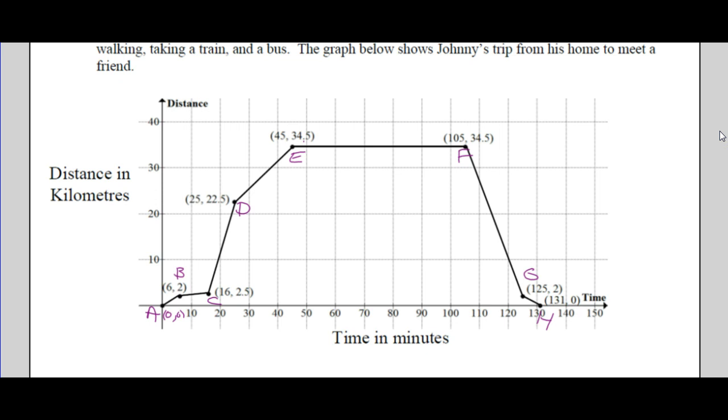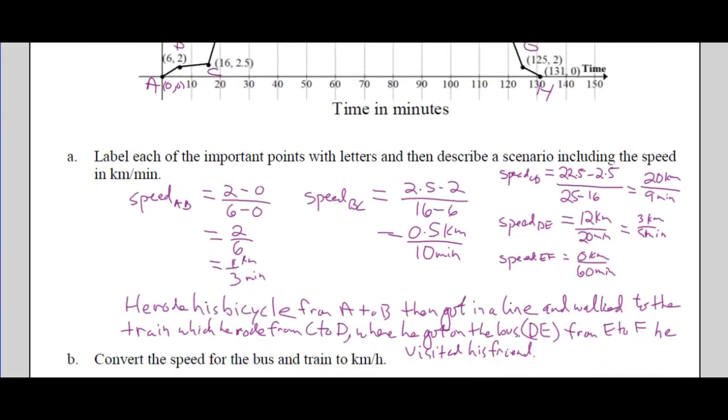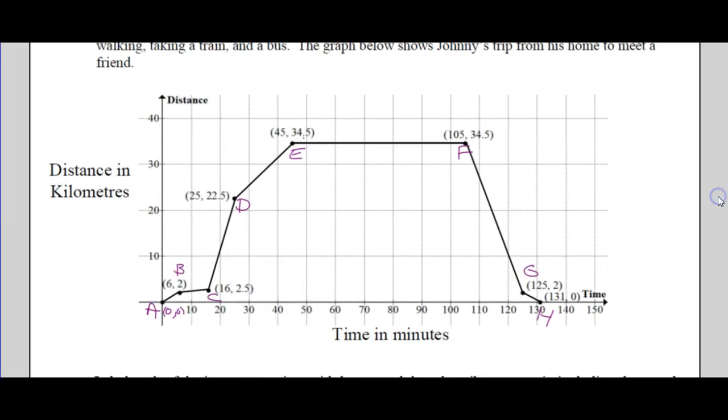Okay, F to G. So we got 34.5 to 2, right? Now this is going down, so here I would take the bigger number. So if I go 34.5 minus 2, okay, we'll work that up here.